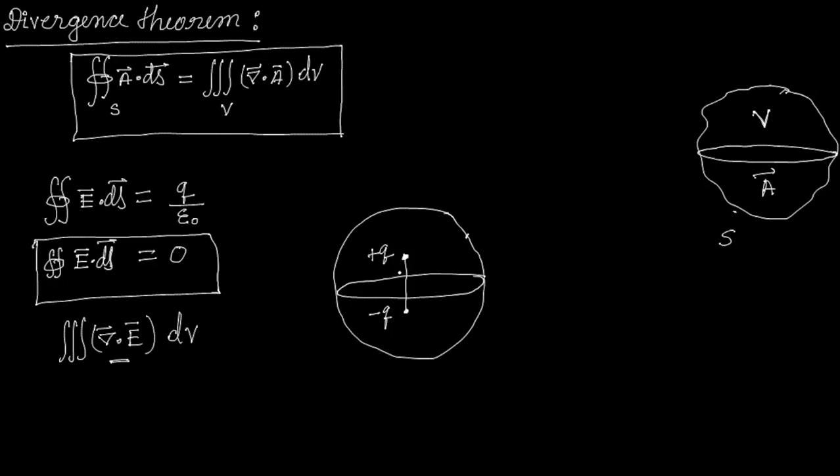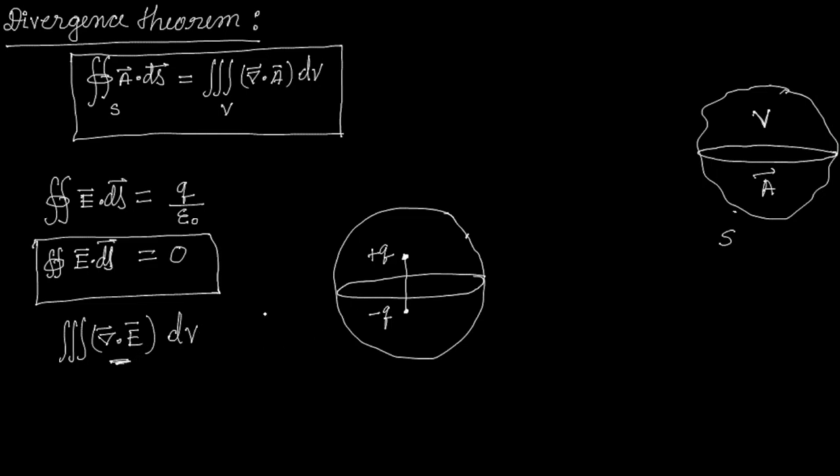So if we know the electric field over a bounding surface, and if we do the surface integral, we can find out the electric flux, but we will not get any idea how this charge is distributed inside the volume. But if we want to see how this charge is distributed inside the volume, for that we have to do this part.